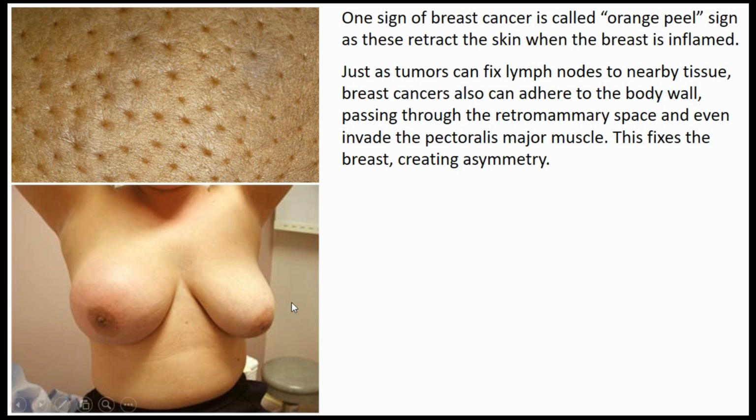So in this case, this woman's been asked to elevate her arms, and notice the right breast, in addition to looking a little bit inflamed, actually quite a bit inflamed, it rose up with the pectoralis muscle, whereas the one on the left, the unaffected breast, did not. So that's being fixed to the pectoral muscles by the tumor invading that retromammary space, and it's something that you can examine when someone is coming in and you suspect that there might be breast cancer involved.